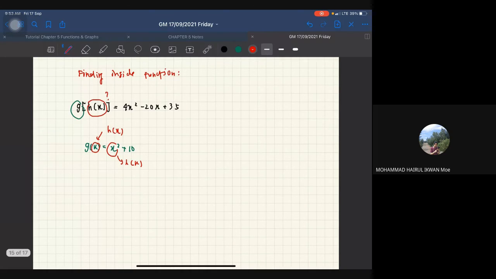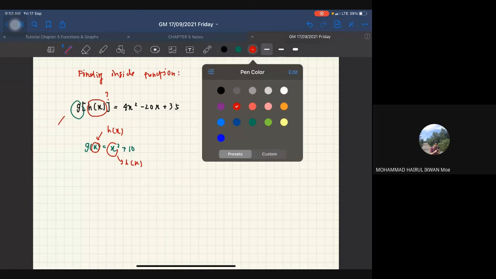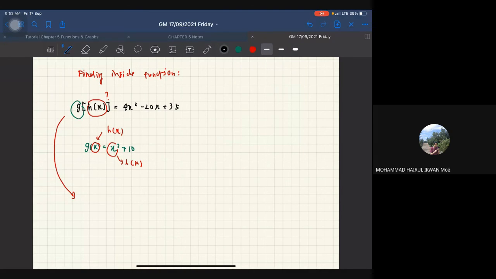Okay, so kita boleh tulis dia macam ni. So now awak punya g of hx awak, saya bawa dia pergi bawah. So you have (hx) square plus 10. Okay, and then dia akan equals to 4x square minus 20x plus 35.